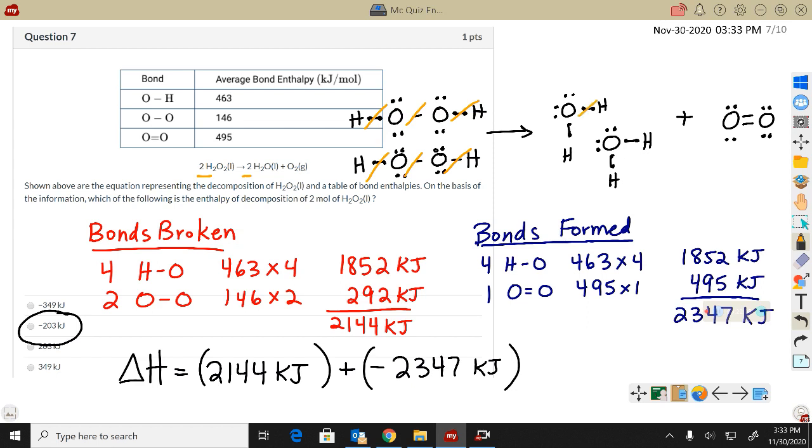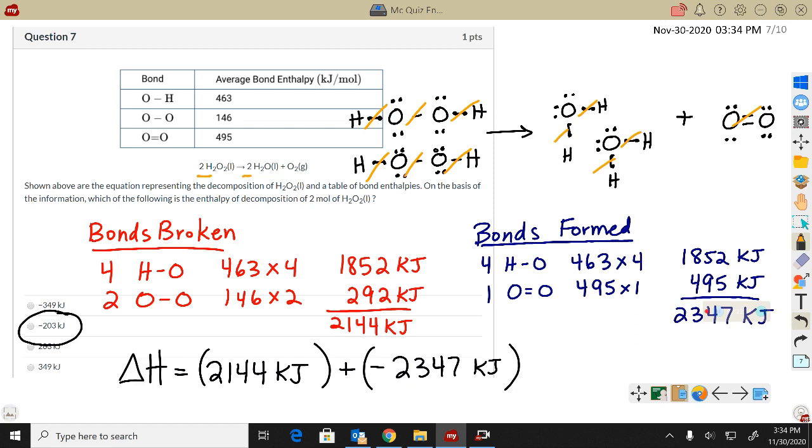That's really going to be 1, 2, 3, 4 hydrogen-oxygen bonds. And then I've got 1 oxygen molecule, and that is a double bond. So technically, when I use these bond energies, it's like saying I would have to add about 2,300 kilojoules to break the bonds in 2 water molecules and 1 oxygen molecule.